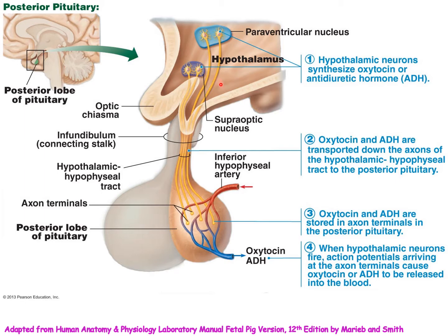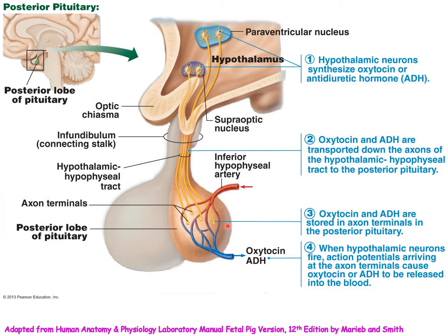Antidiuretic hormone is produced by the supraoptic nucleus of the hypothalamus. And again, this hormone is transported by the hypothalamic hypophyseal tract down to the posterior pituitary.